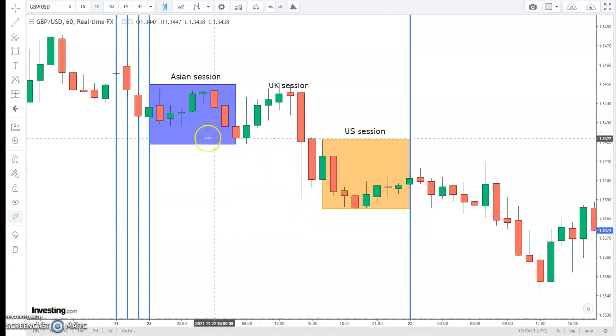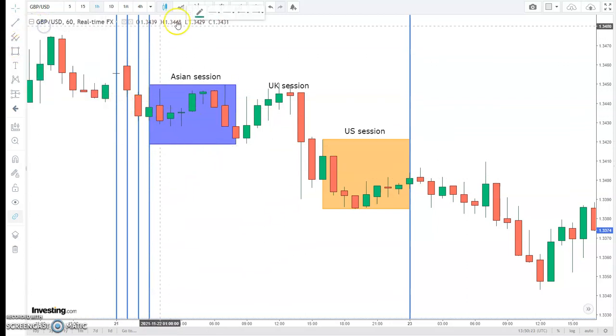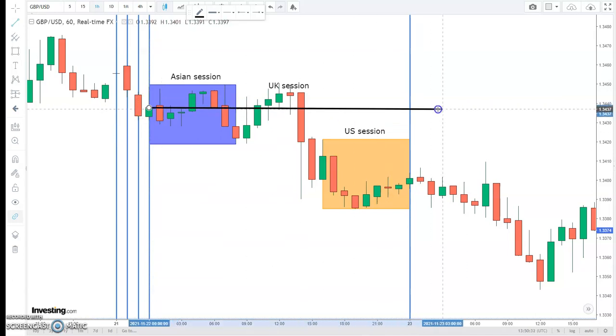So price in the Asian session opened there. Let's quickly mark it off so that we can see it clearly. The Asian session started there and the US session ended there.